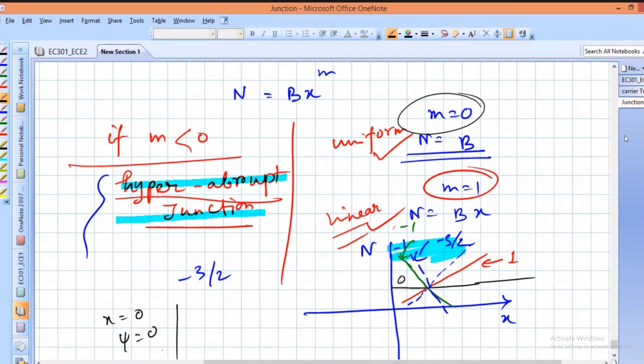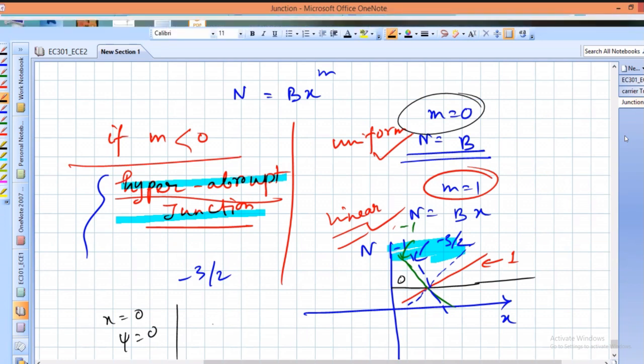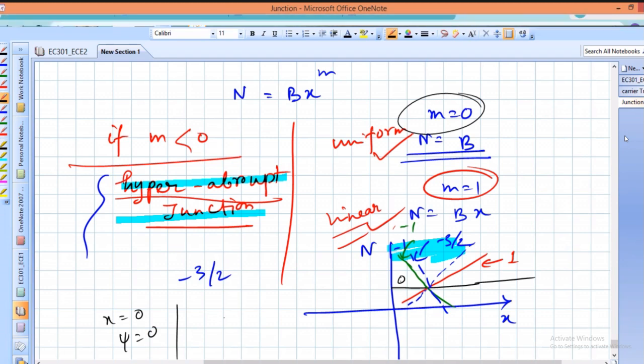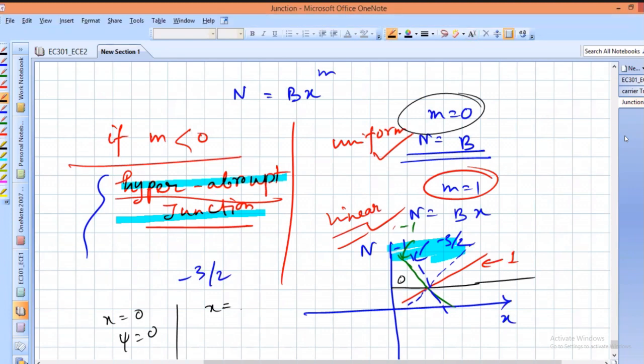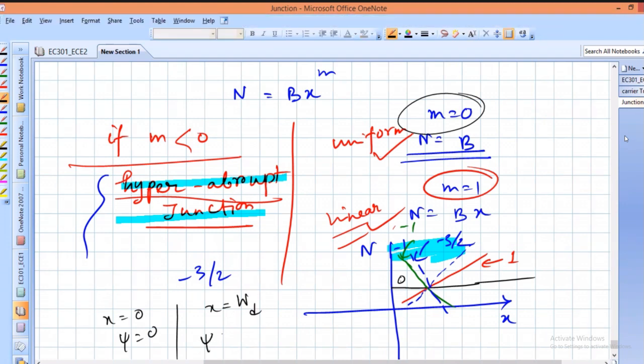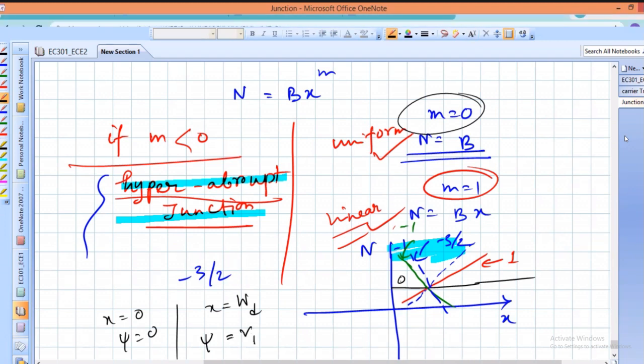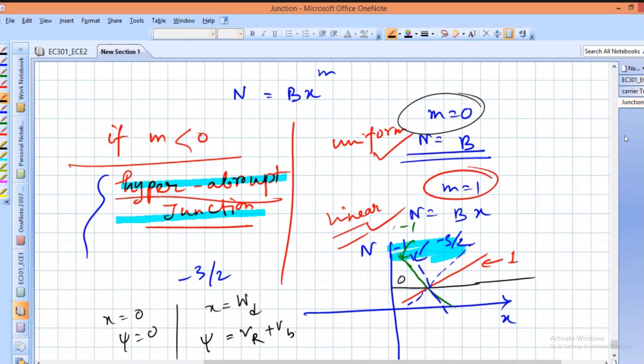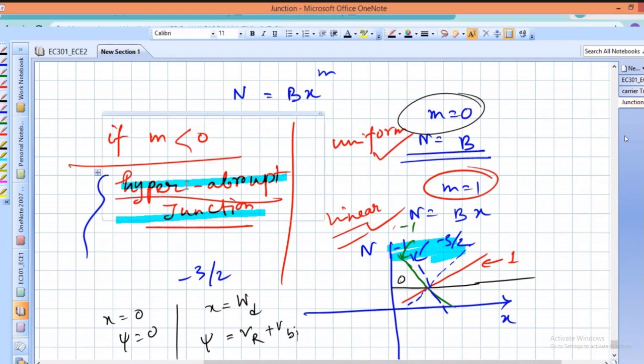Whenever we consider the maximum depletion region width at a particular voltage VR, then the x value will be equal to WD and psi at x will be equal to VR plus VBI, or you can write psi VBI. Actually, this is d squared psi by dx squared, so there is no such issue.